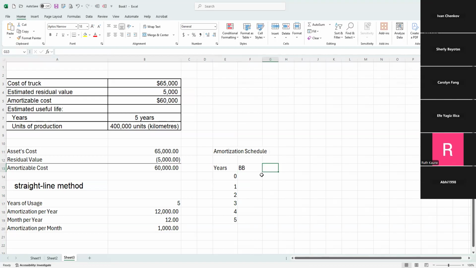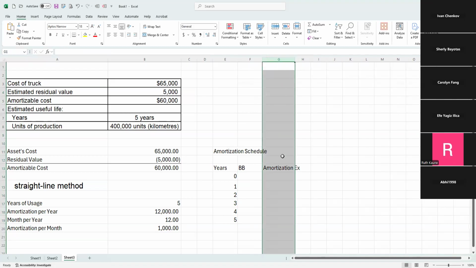Then we're going to have amortization expense for the period.